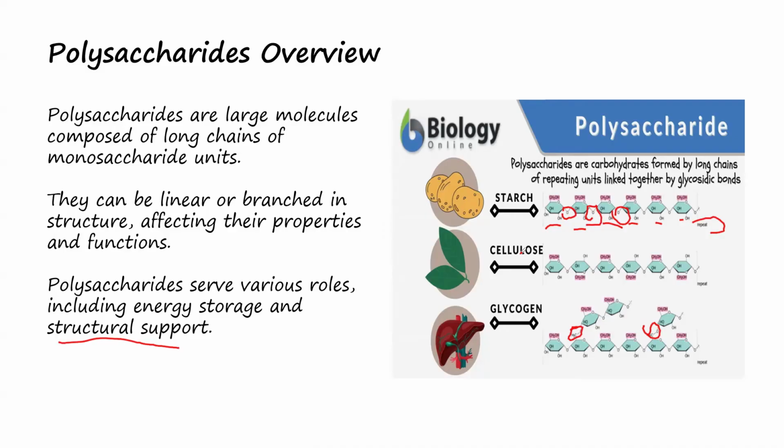Our sperm is also rich in an enzyme called hyaluronidase, and it is hyaluronidase that breaks down hyaluronic acid, allowing the sperm to get access to the nucleus of the egg cell. So hyaluronic acid is a polysaccharide that protects the integrity of the egg of the female.